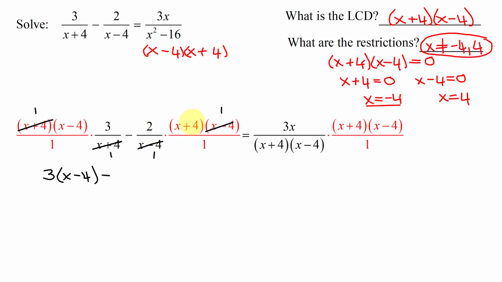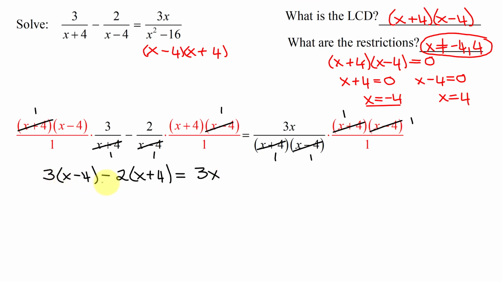I get 2 times x plus 4 times 1, which is just 2 times x plus 4, divided by 1 times 1, which is 1, which again I don't need to write in the denominator, equals, in the last term, the x plus 4's reduce, the x minus 4's reduce. I get 3x times 1, which is 3x, divided by 1 times 1, which is 1. So now I've gone from this nasty-looking mess to a simple linear equation.